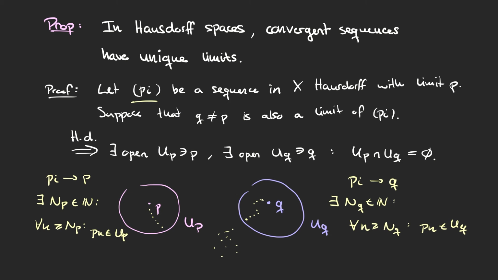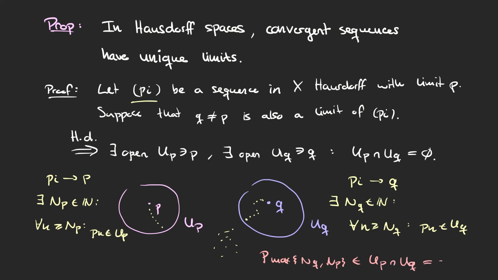In particular, if we consider the element of the sequence P_m, where m is the maximum of N_Q and N_P, this element should lie both within U_P and also within U_Q, so it should lie in the intersection.